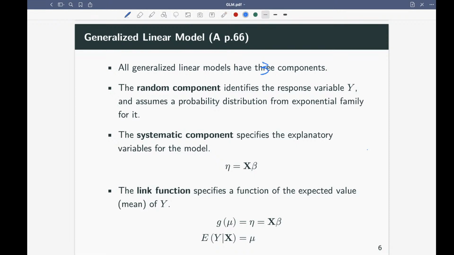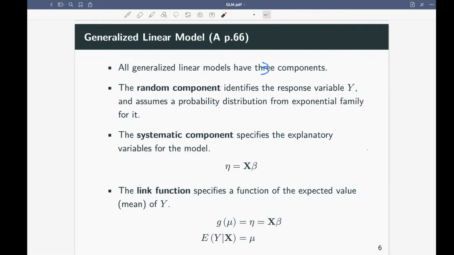At first, the random component. We can use the random component to specify a probability distribution, and we always use the exponential family, such as the normal distribution, exponential distribution, and so on.